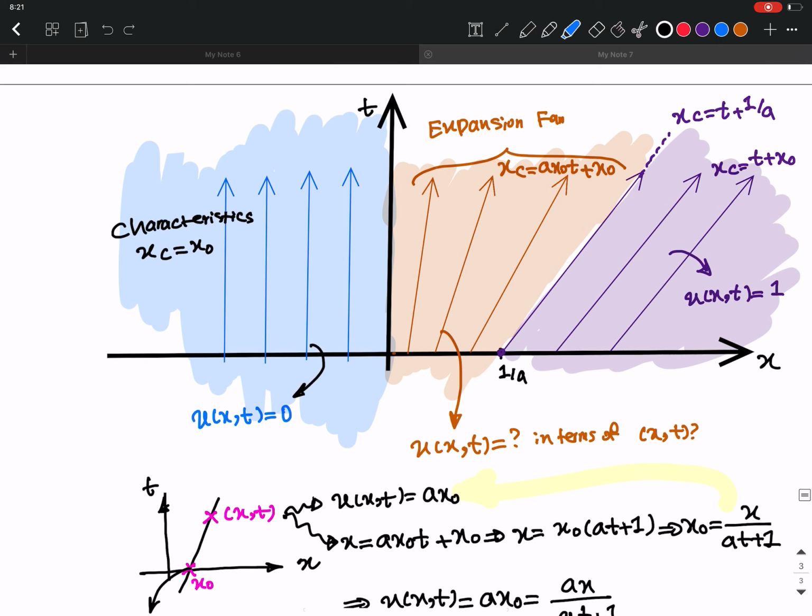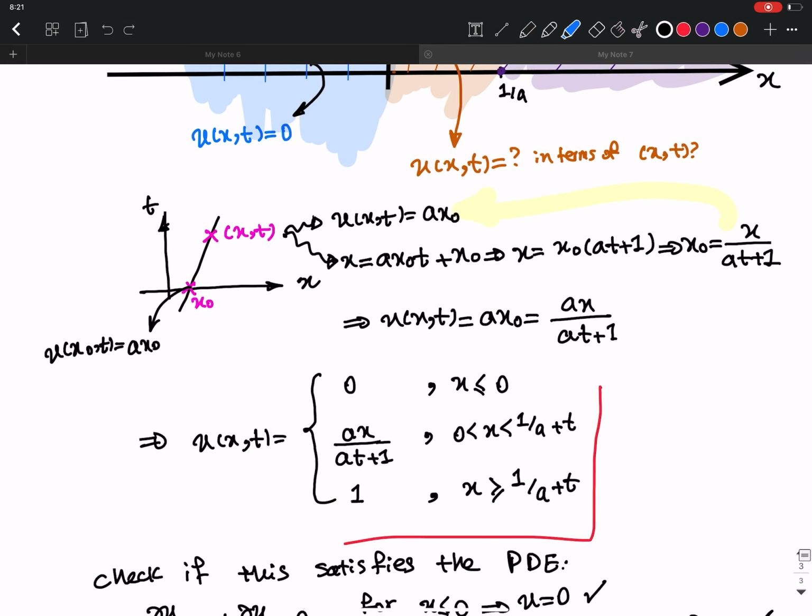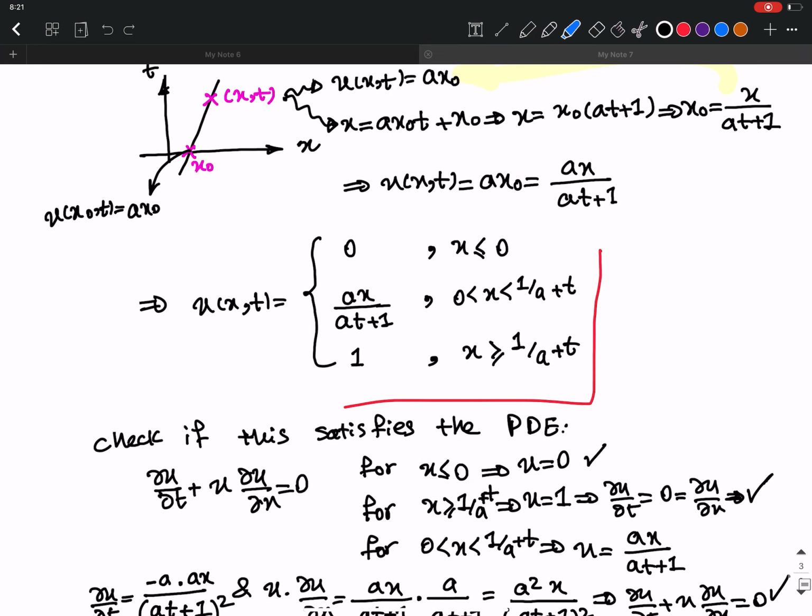When x is greater than this line, t plus 1 over a, u is going to be 1. And in between, we wanted to find it. You see that the characteristics are going to just increase, so the slope is changing. And then we found this characteristic based on the given information in the problem.